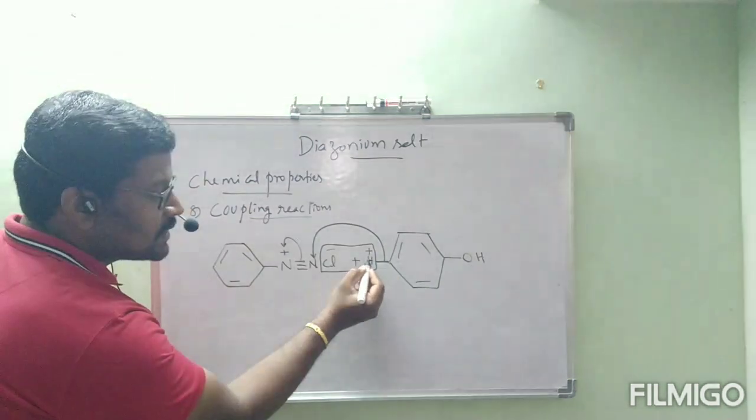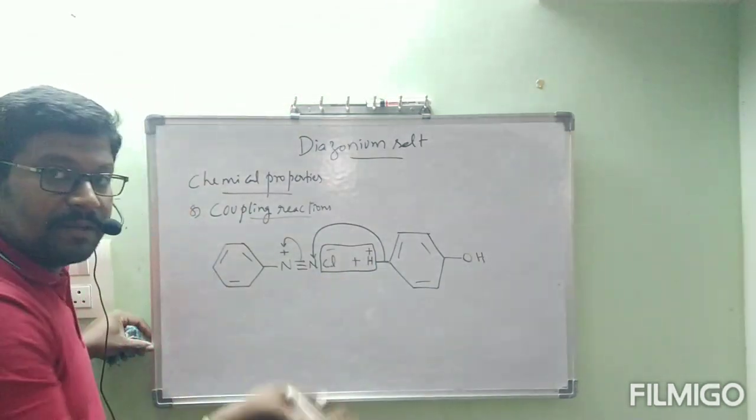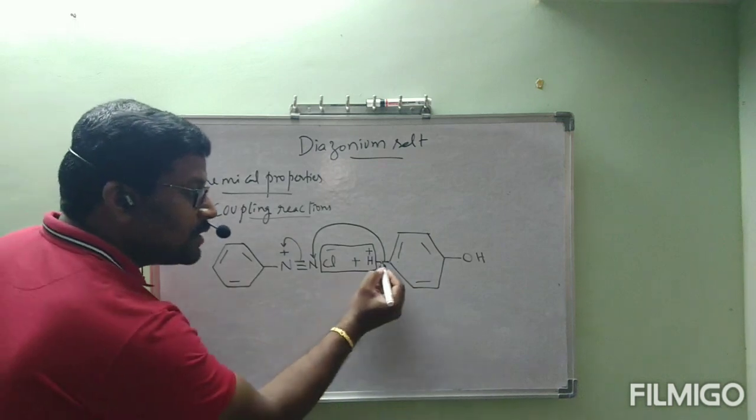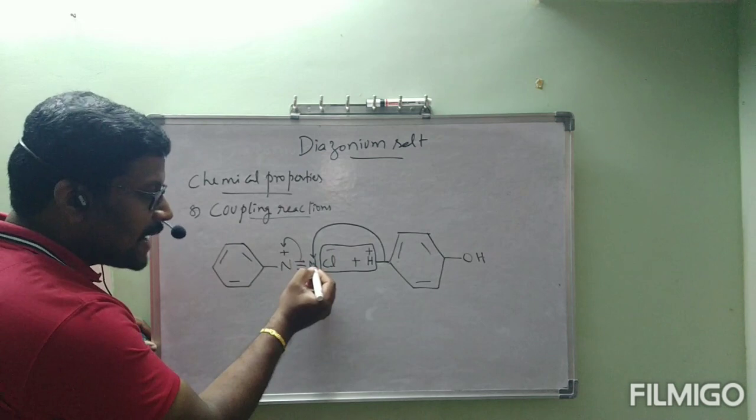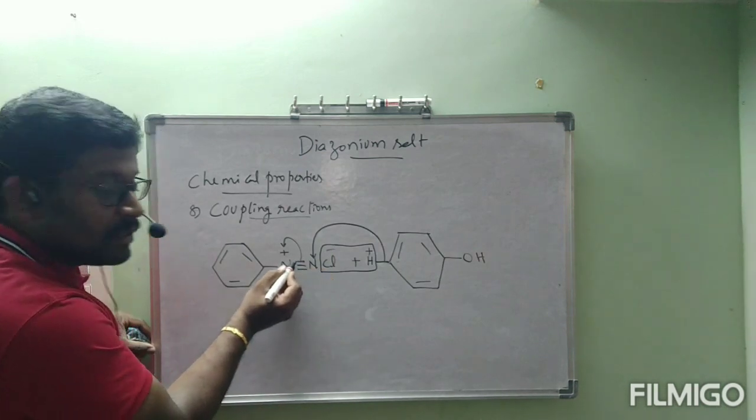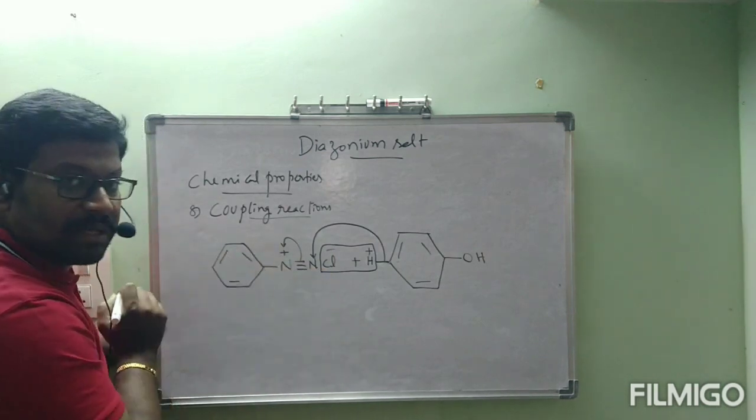This H plus and Cl minus will be removed as HCl. Then this carbon, getting C minus, will attack this nitrogen. At that time, this triple bond is shifted towards N plus.